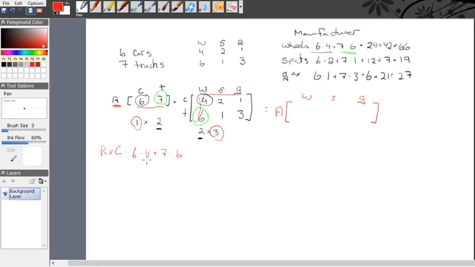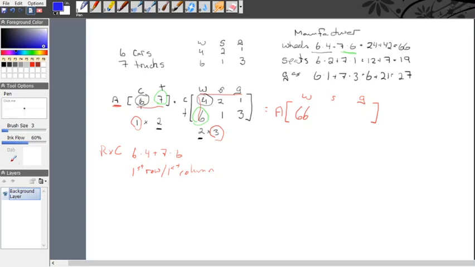And this gives us the first row, first column. Where does this go in our resulting matrix? Well, 66 wheels. I'm going to change colors, to blue.